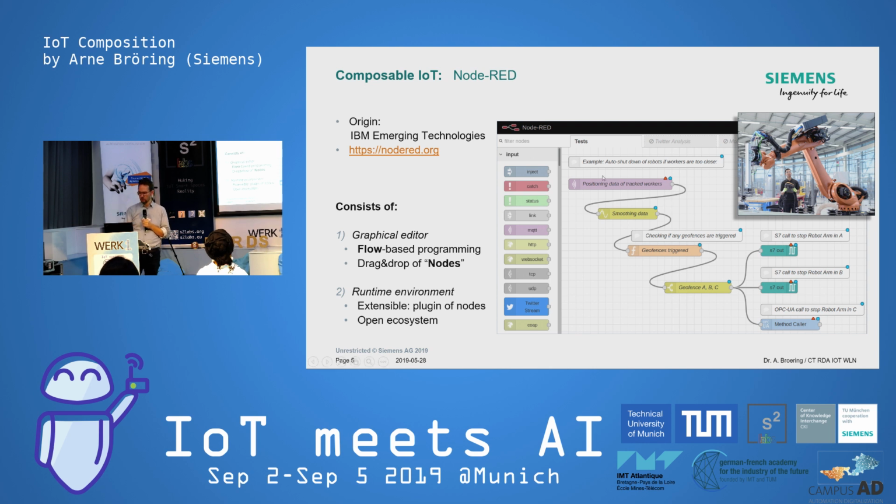So what we do is we operate a little bit with the data and then feed it into a geofence, for example, 3 meters around the robot, and then we emergency stop it with an S7, this Siemens device, which you would see also as part of the challenges. Or in this case, 3 different robots. One is controlled with OPC UA, an industrial protocol, which we could also easily reuse here by just accessing the ecosystem of Node-RED.